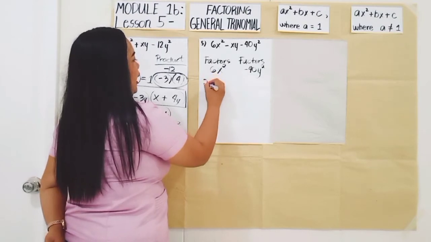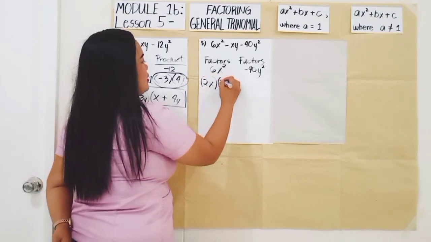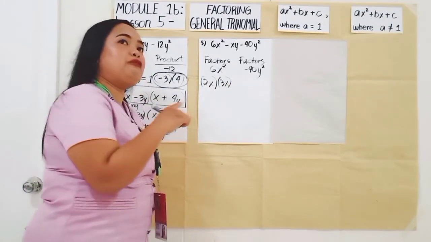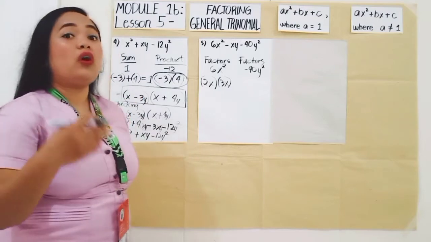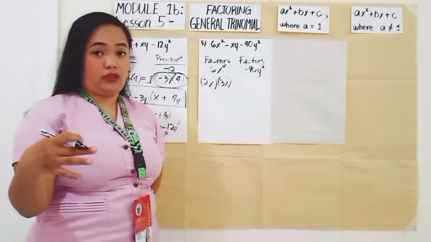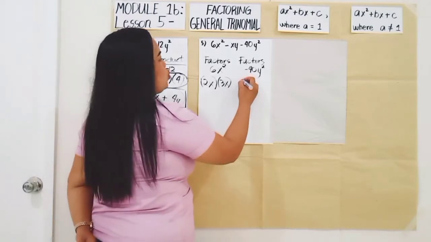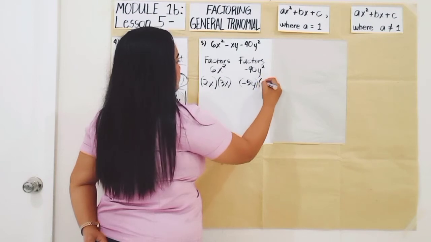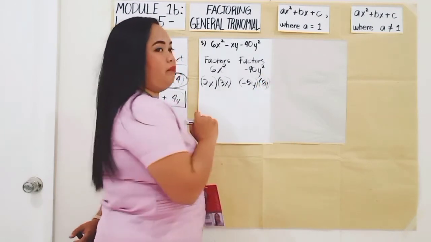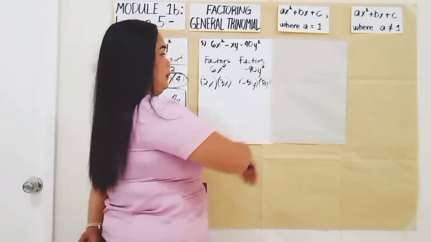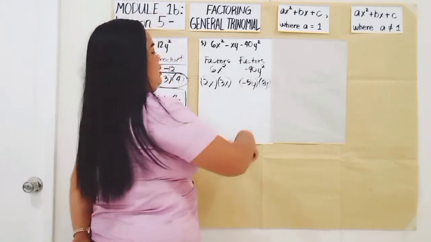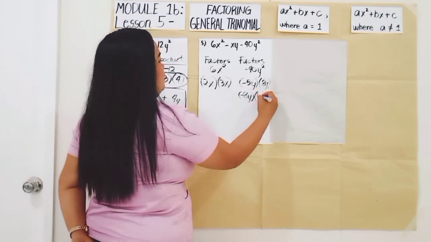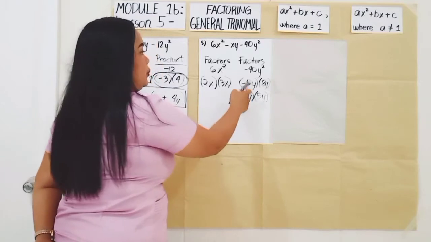It could be 2x times 3x. Right? How about -40y squared? There are many possible factors. Okay? So we can use -5y and +8y. Or the other way around. The negative is the 8. So, -8y times +5y. So, either of the two.